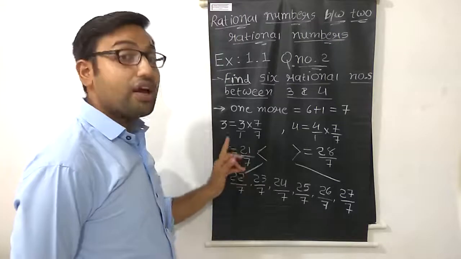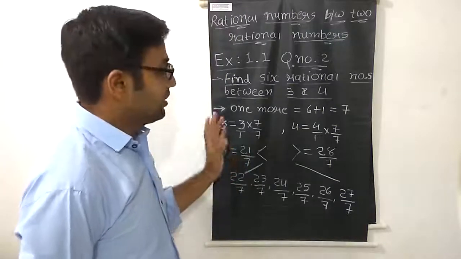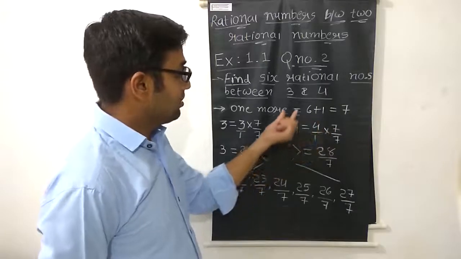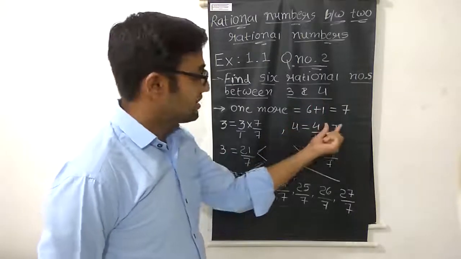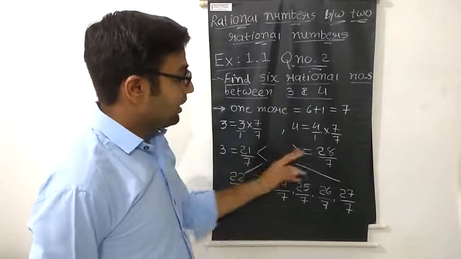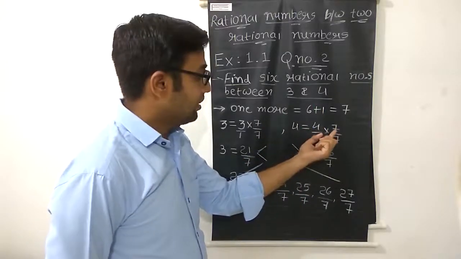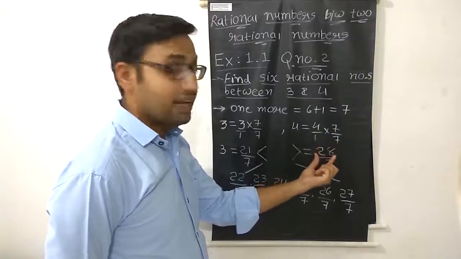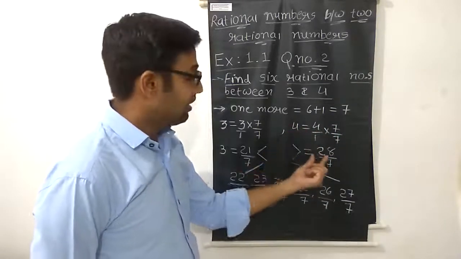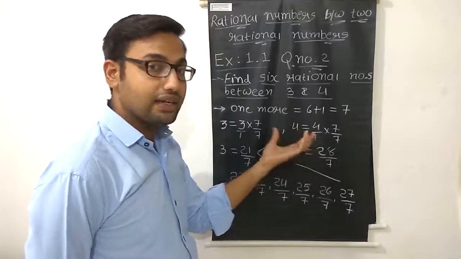In the same way, we multiply 4 with 7 in the numerator and 7 in the denominator. 7 into 4 is equal to 28 upon 7, because 7 fours are 28.